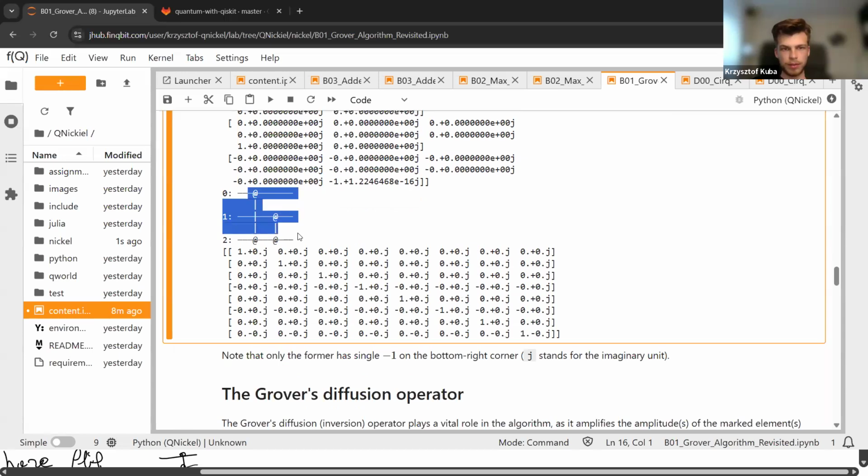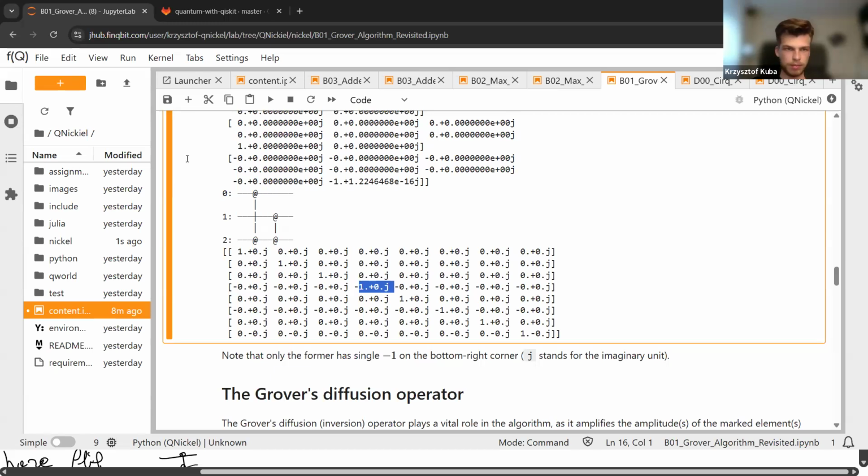With this one, we have a slightly different approach because we have two controlled Z gates, and this changes the representation of our matrix. Let's track the states: 0, 0, 0, 1, and so on.